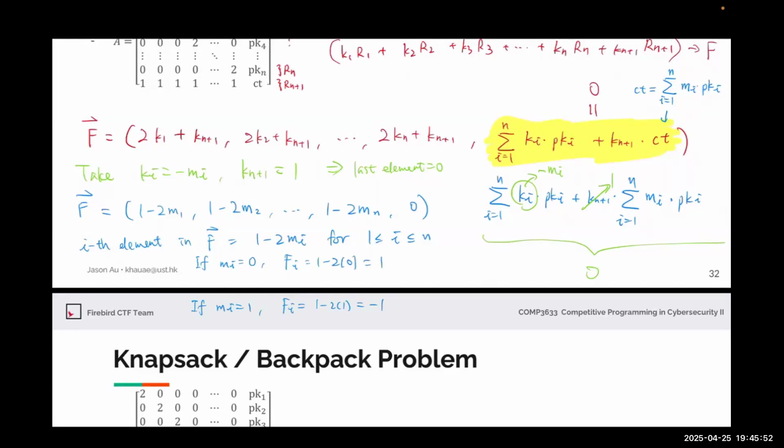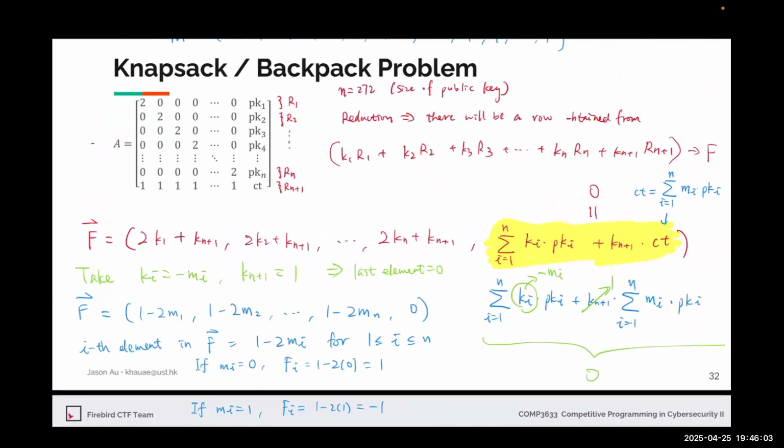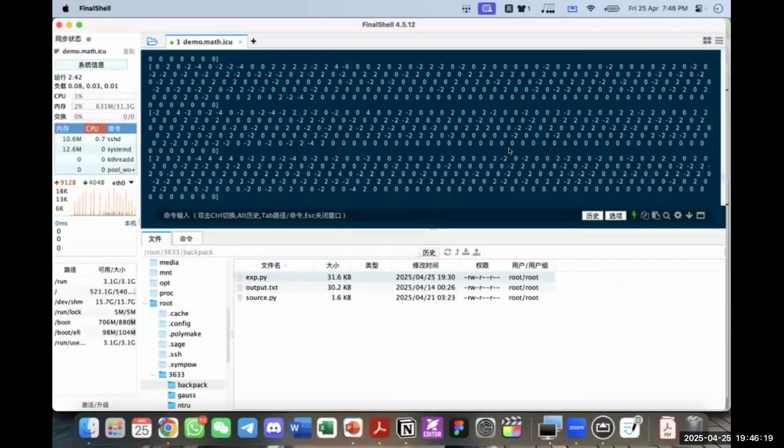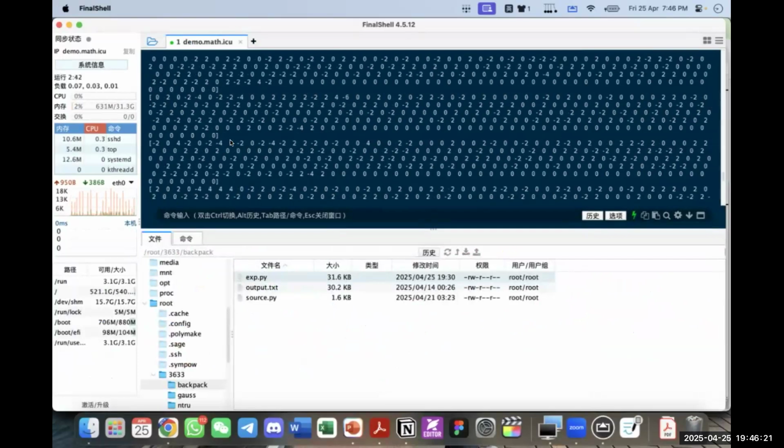Let me see. Okay, so we know this transformation. So we know that one of the rows in the reduced vector would be a combination of 1, -1, and 0. For example, in the error reduction, we get some matrix like this. We have like 2, -2, -4, 4 and -6.